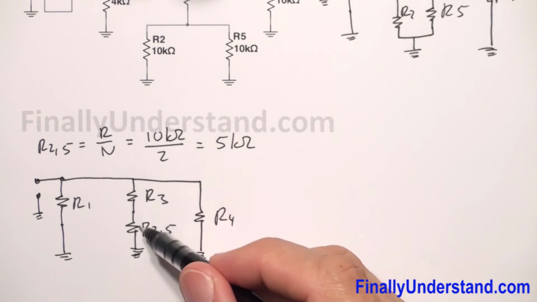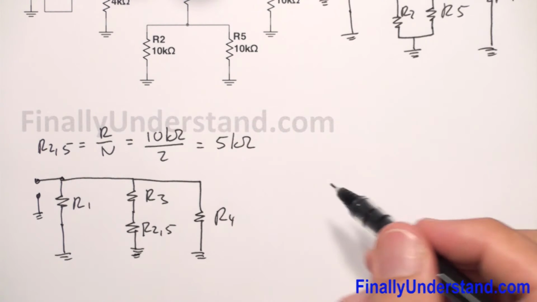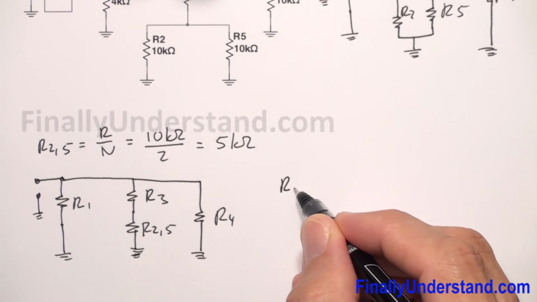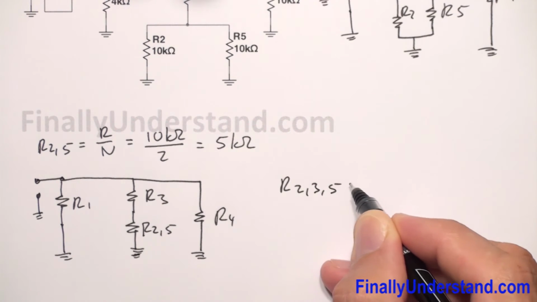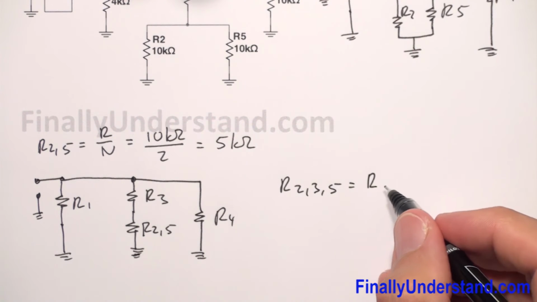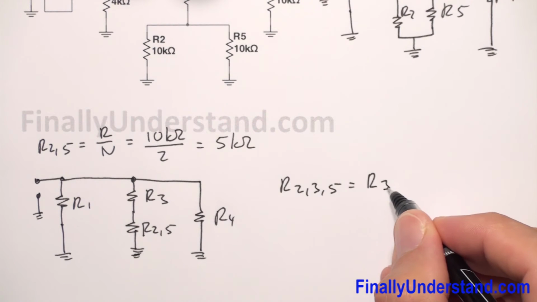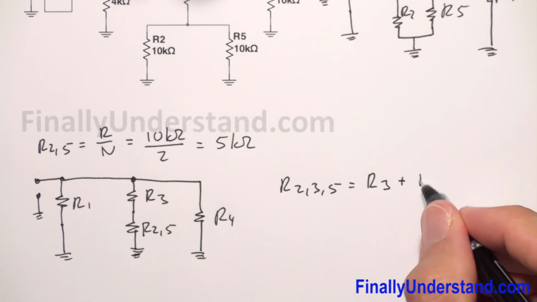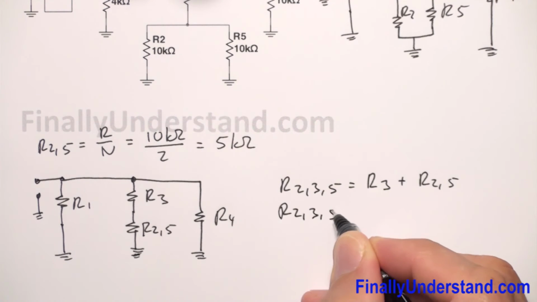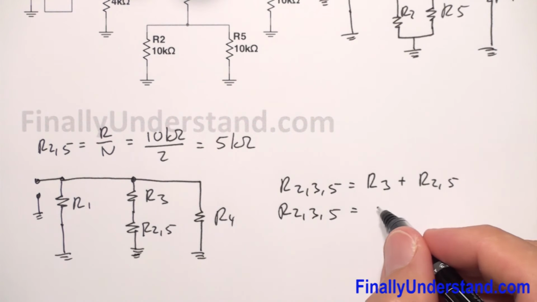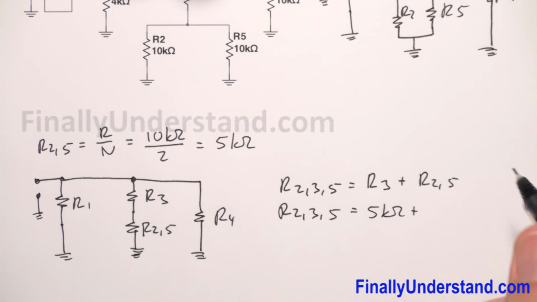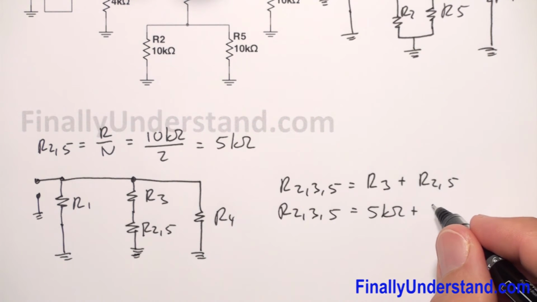Now we can see that these two resistors are in series. So I'm going to find the equivalent resistance for these two resistors. So I have R2,3,5 is equal to R3, 5 kilo ohms, plus R2,5, which is equal to 5 kilo ohms.